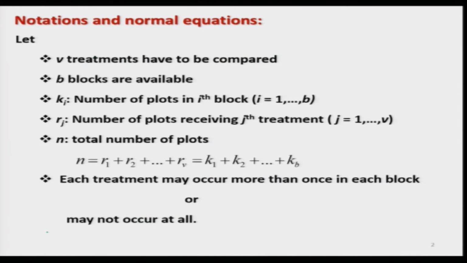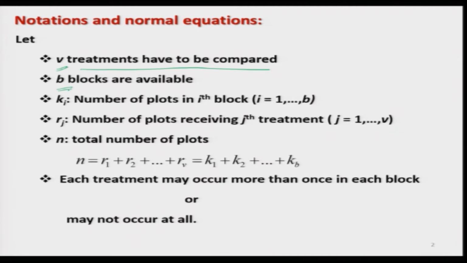Now, you can recall that in the last lecture we had introduced some symbols and their interpretations. Just for the sake of quick review, I will give you a brief summary. We had considered small v to be the number of treatments to be compared, and these v treatments are to be compared in a small b number of blocks that are available to us.